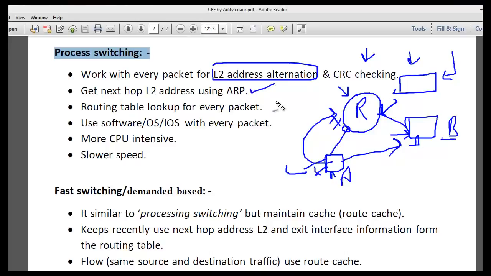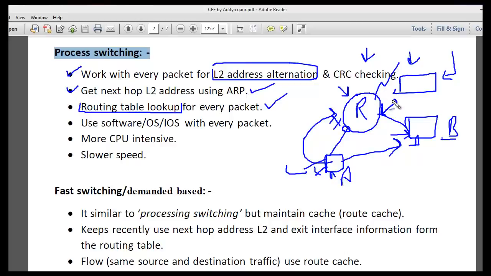So how does your router come to know the MAC address of computer B? Obviously it uses ARP, and it uses a couple of tasks to forward a particular packet. It also looks at the routing table to see where to forward, which is the exit interface.